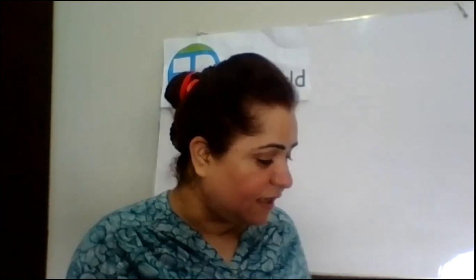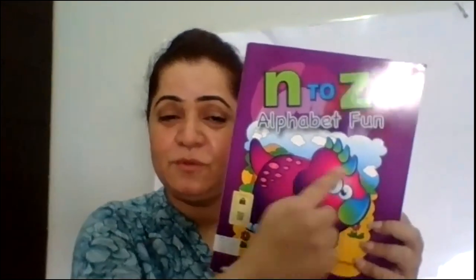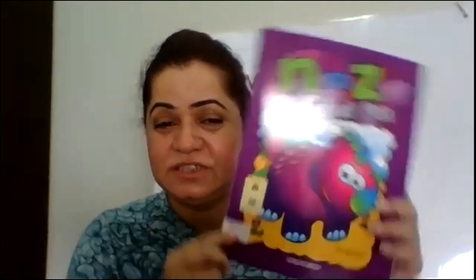First of all, I think you should take out your alphabet fun book N to Z. Beautiful purple book with a beautiful purple dino. So nice color, purple, right? You're going to take out this book and take out page number 22.